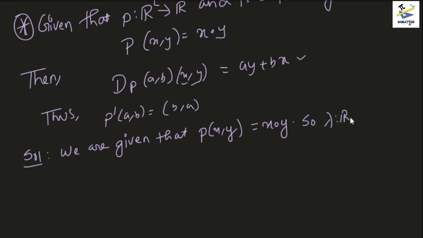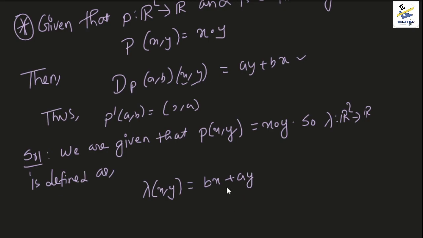Lambda from R squared to R is defined as lambda of (x, y) equals bx plus ay. That's how we are going to define it.